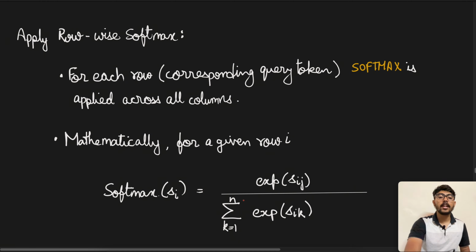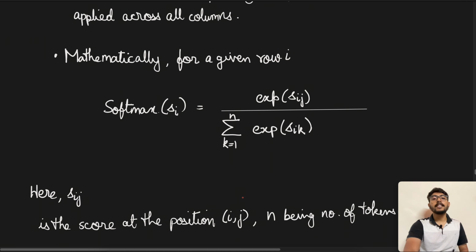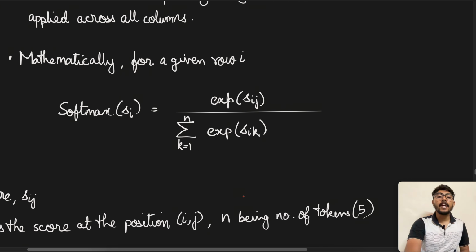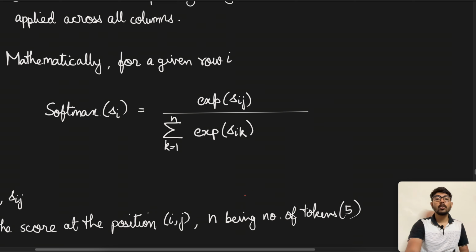Sij is the score at position ij, which I just explained above, and n is the total number of tokens. In this case it will be 5, since we had SOS as well as EOS at the start and the end respectively.